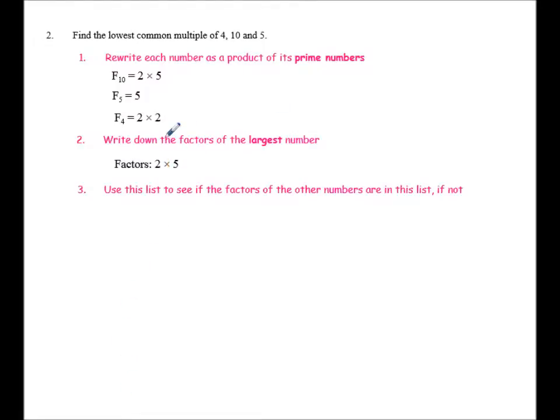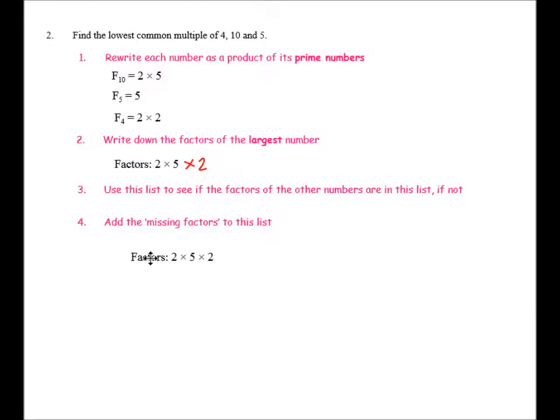But now what about 4? I have got to say 2 multiplied by another 2 would give me 4. So we actually have to go and add or include the missing factors to the list.